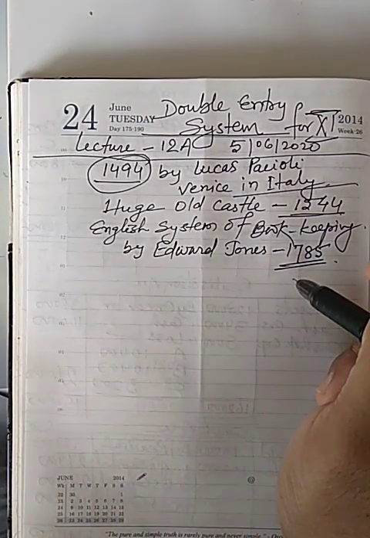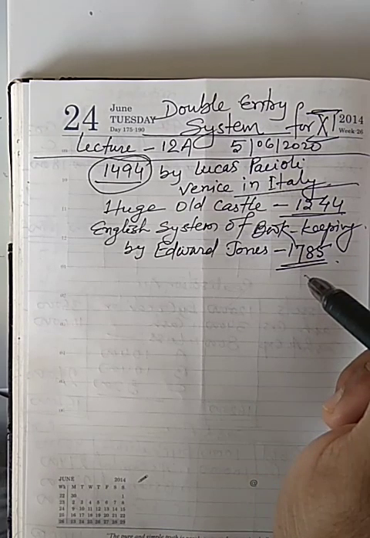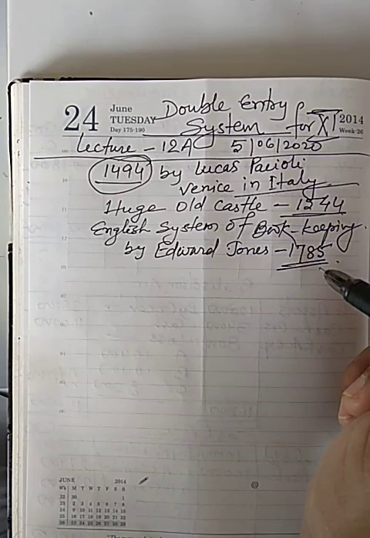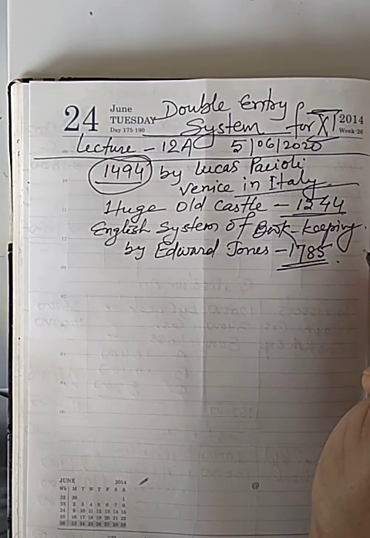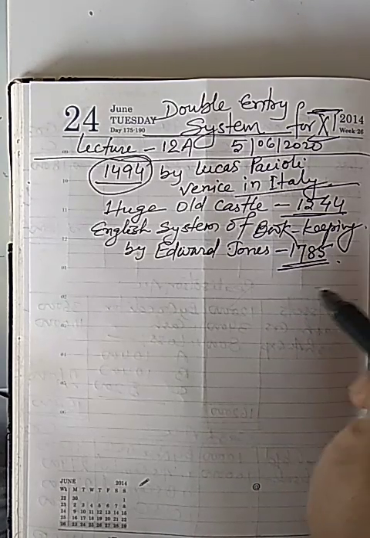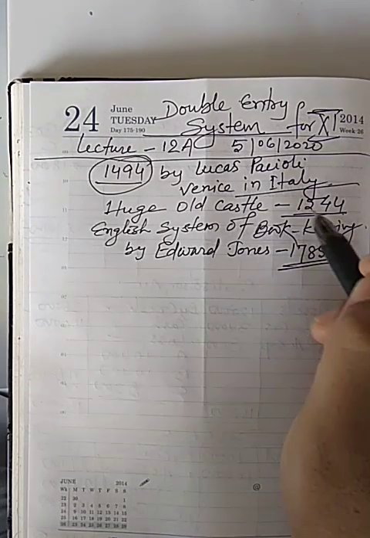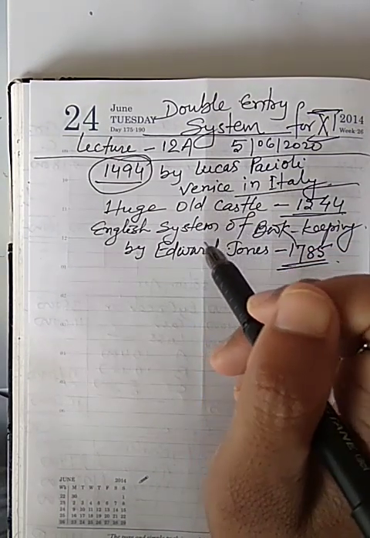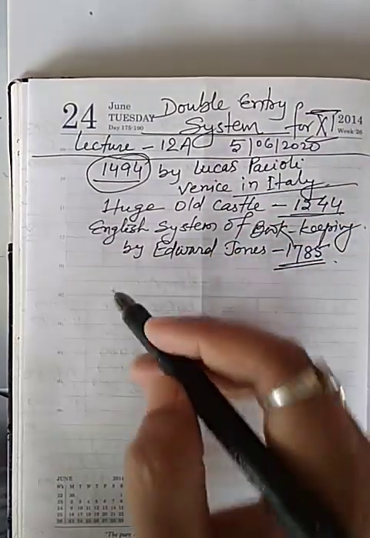Due to its peculiarities, this system has been adopted by all the progressive countries all over the world. So this is the history of double entry system.